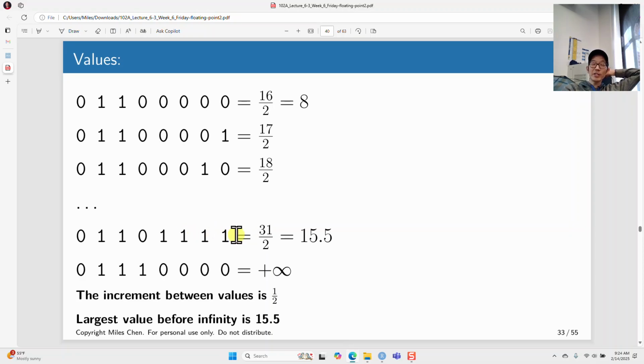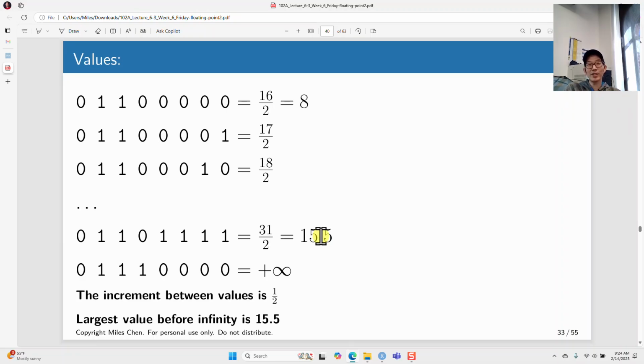If I take one more bit after this, the exponent becomes all 1s. All 1s in the exponent and 0s in the mantissa means I've reached positive infinity. So this miniature floating point system is very limited. The largest possible number I can represent is 15.5.